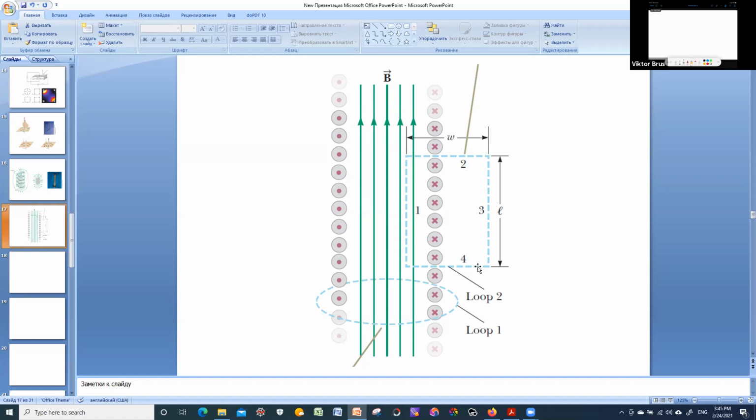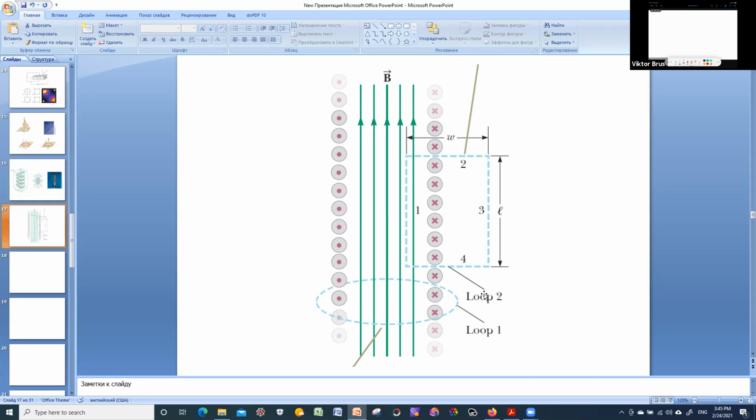Sides 2 and 4 are always perpendicular to the magnetic field, both in the internal and external area of the solenoid. There is only one side of this rectangular loop where the integral is not equal to 0, and that is along side 1.